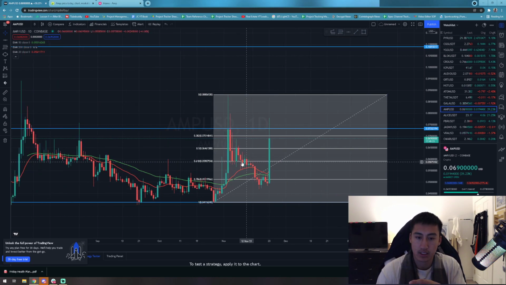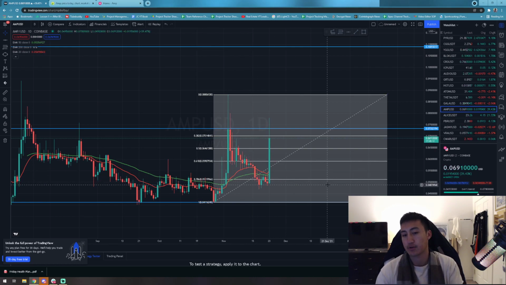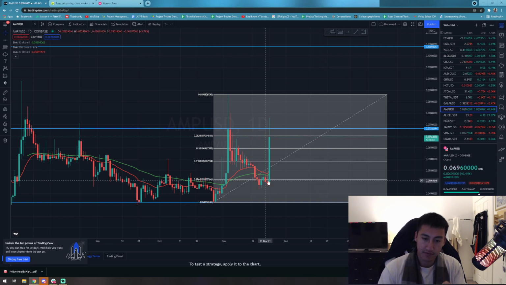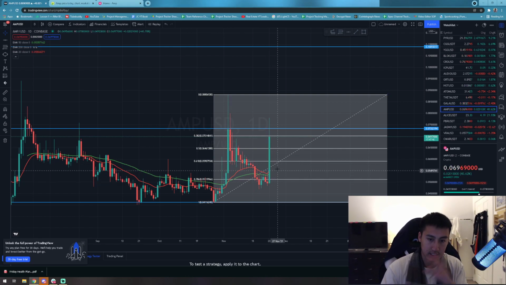As you can see, it looked like it was about to flip, but it didn't, so it went all the way down to this 0.786 level. Usually that's the last resort: if it doesn't flip here, then it's going to go back down to a downward trend. So luckily it did form a retracement. As you can see, it was a huge shot up in price action, just a huge buy.